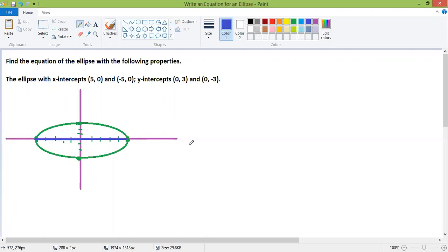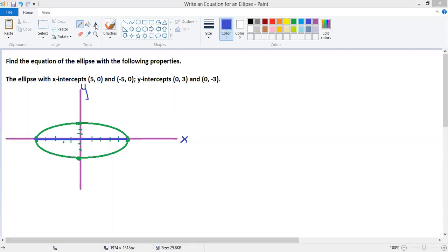This is on the x-axis, right? So this is our major axis.